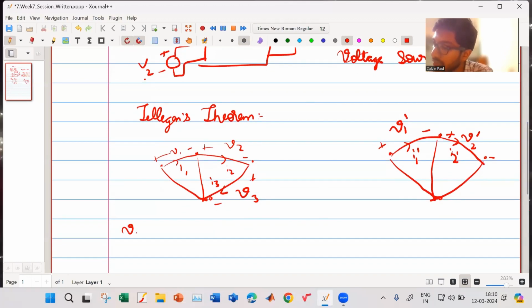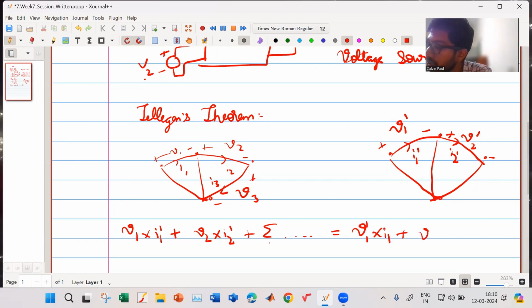So the summation of V1 into I1 prime plus V2 into I2 prime and so on is equal to the summation of V1 prime into I1 plus V2 prime into I2 and so on. This is Tellegen's theorem.